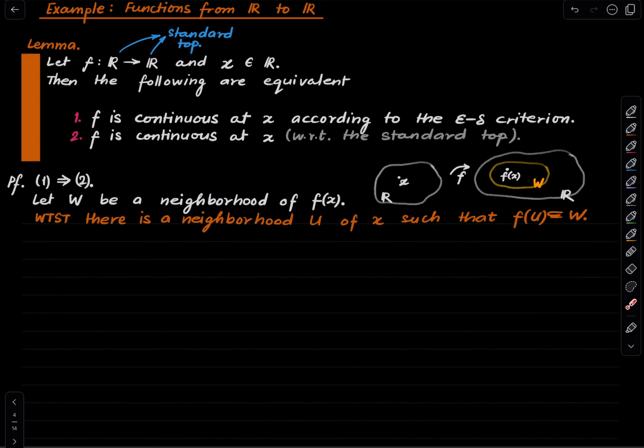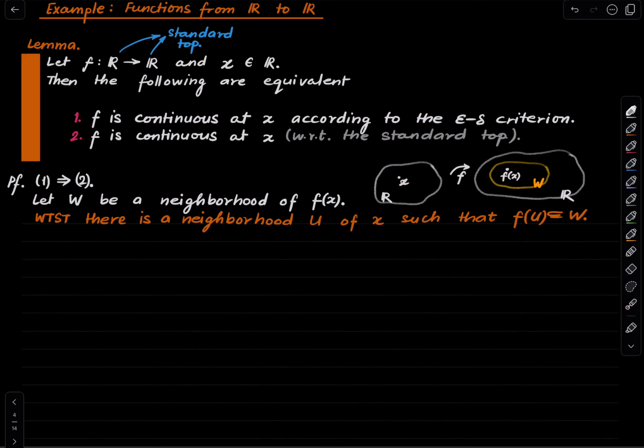Even though they are the same concepts, the standard topology is precisely the collection of the same open sets as you have in real analysis. Anyway, I don't want to cause more confusion. So we want to find some open set U of x such that the image of it lands inside W completely.